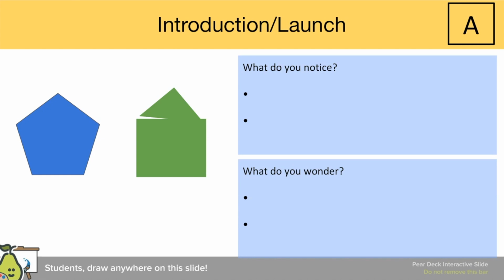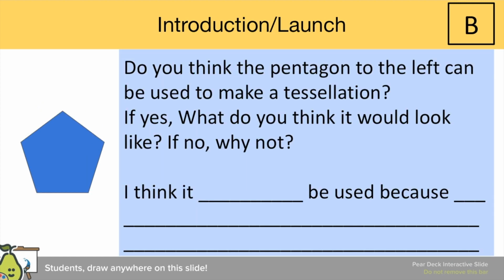Some wonderings may include, I wonder if the pentagon can tessellate. I wonder if the green square and the green triangle can tessellate. Students are asked, do you think the pentagon to the left can be used to make a tessellation? If yes, what do you think it would look like? If no, why not?